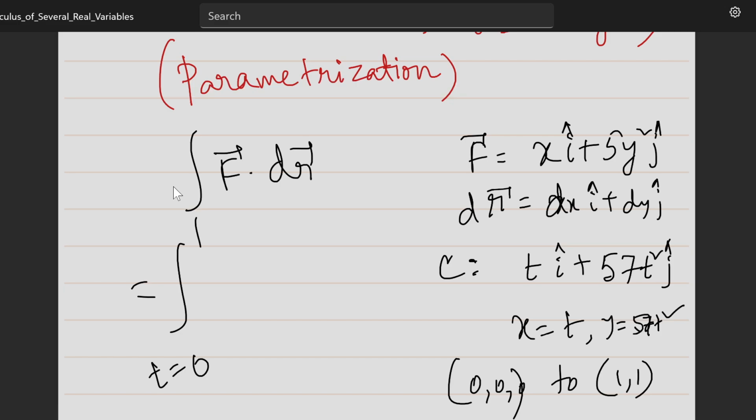So dx means dt and dy means 57 into 2t dt. I'm not solving, I'm just giving you the outline. If you parameterize, directly you will get the answer.